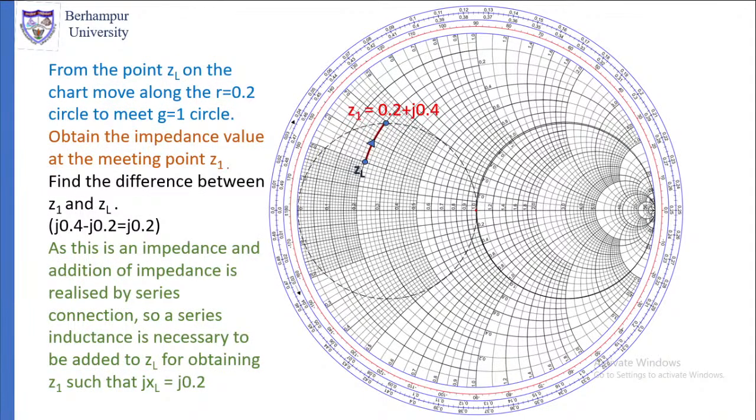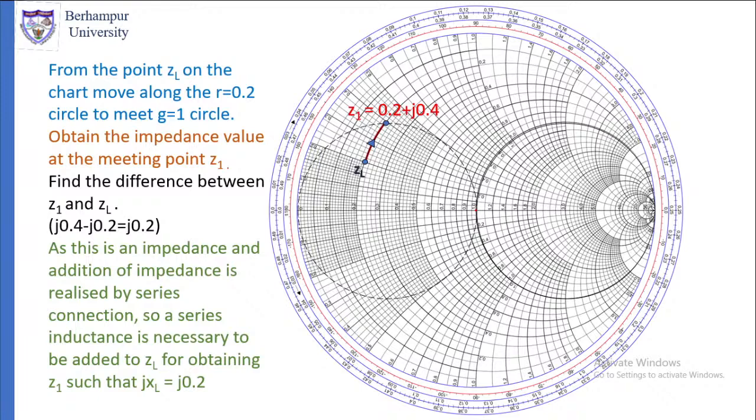From the point ZL, move on the chart along the R equal to 0.2 circle to meet the G equal to 1 circle. That you can do easily. From the ZL point that we have found, on the R equal to 0.2 circle that we have already located, move in the clockwise direction.